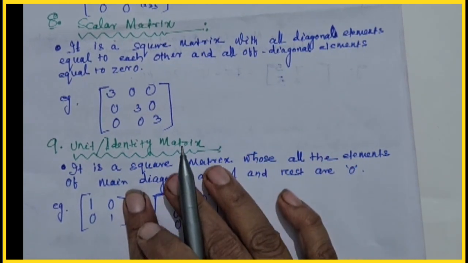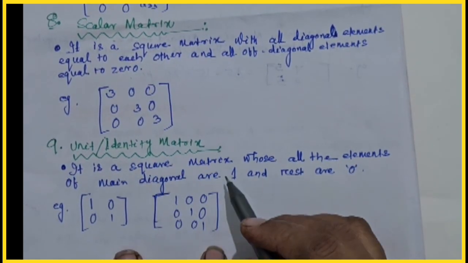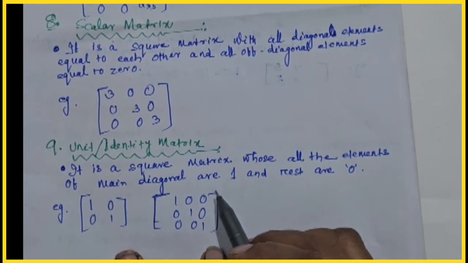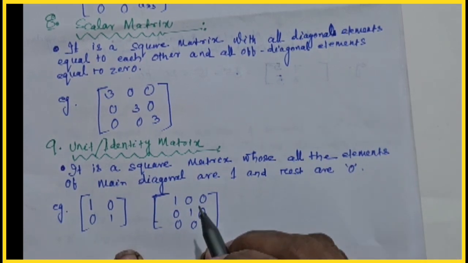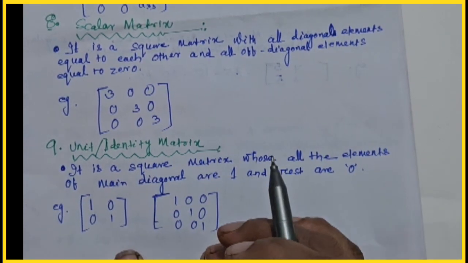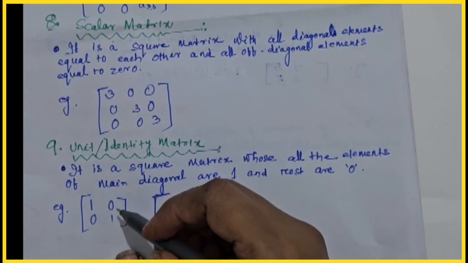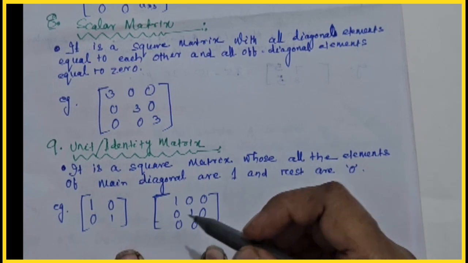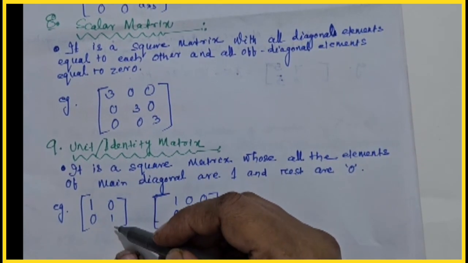Then unit or identity matrix क्या है? It is a square matrix whose all the elements of main diagonal are 1 and the rest are 0. So here in case of unit or identity matrix, this is a 2 cross 2 matrix and this is a 3 cross 3 matrix. In this case, the diagonal is A11 and A22.